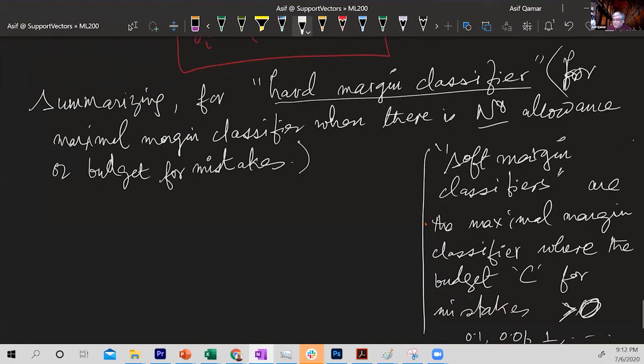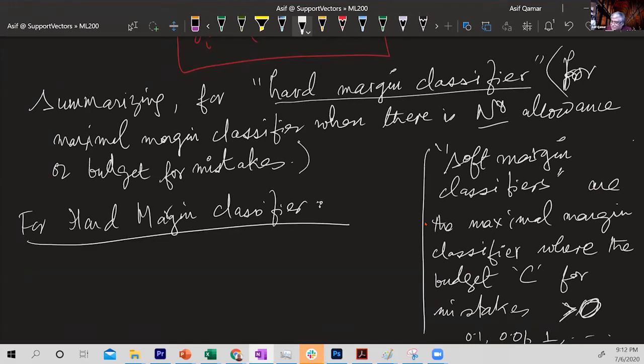So we are talking about the hard margin classifier. We realize that our constraints are that yi times distance of xi is greater than or equal to some m, isn't it, guys?